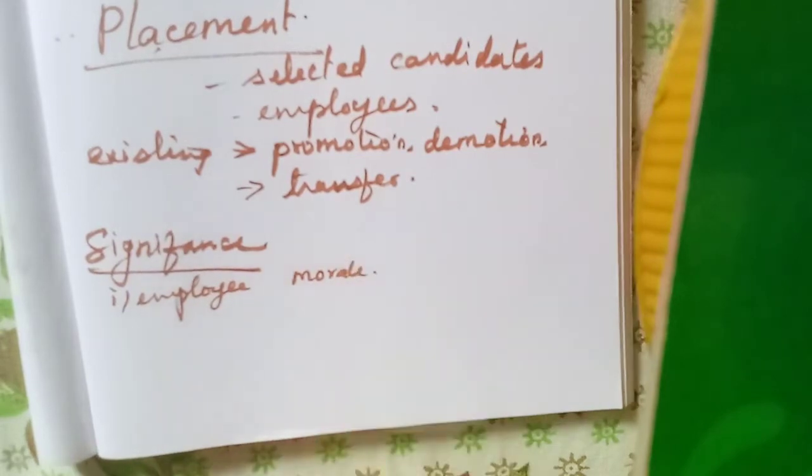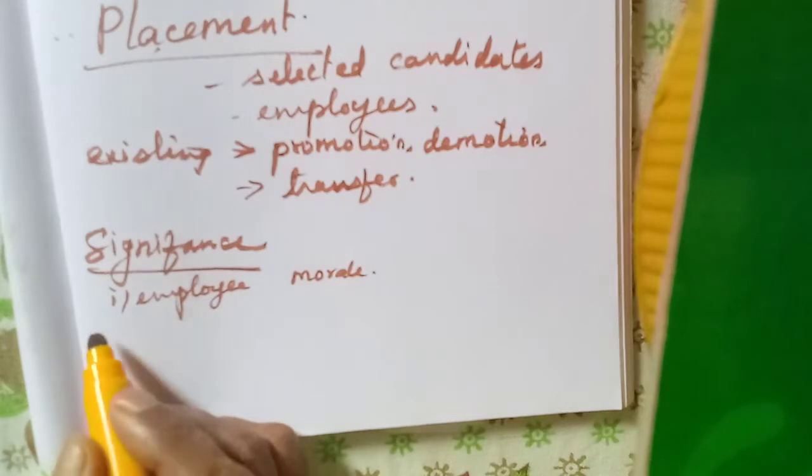If a person is appointed in the right job, he can work peacefully and use his talent, his efficiency will be proved, and through his efficiency the organization's efficiency will be increased. That is why it improves employee morale.